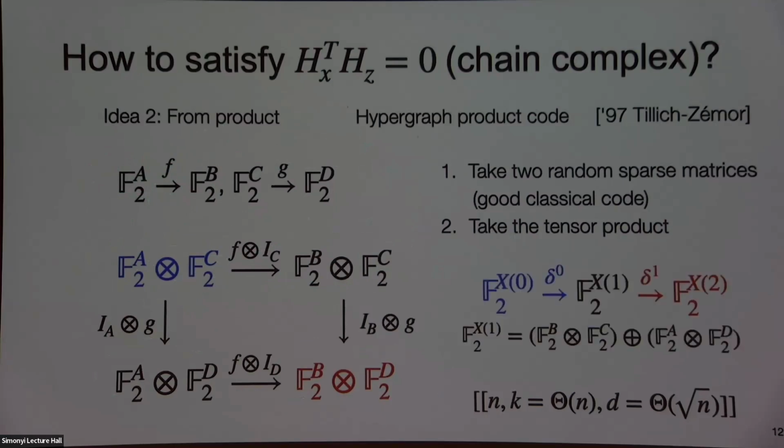So it's like you have matrices over A and C, and you do one operator on the row and one operator on the column.